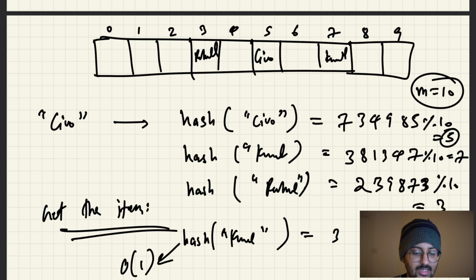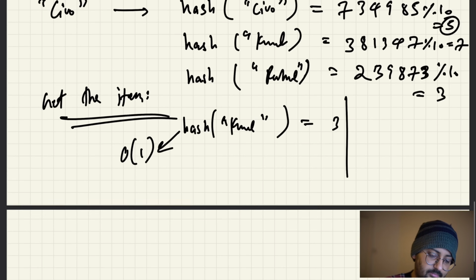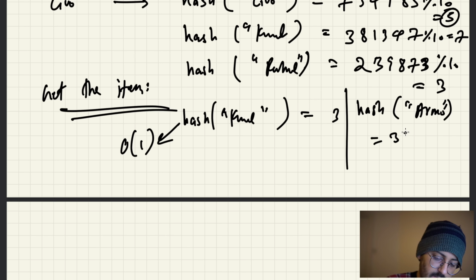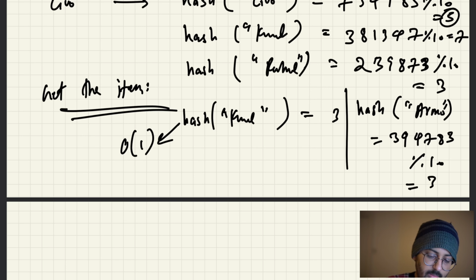But for example, let's say after you do the modulo, if I do the hash of armo, this is coming out to be 39478. Now I do modulo 10, it's giving me 3.